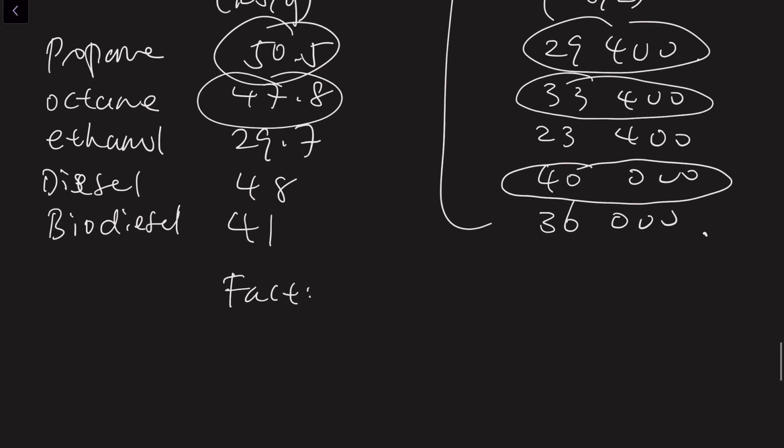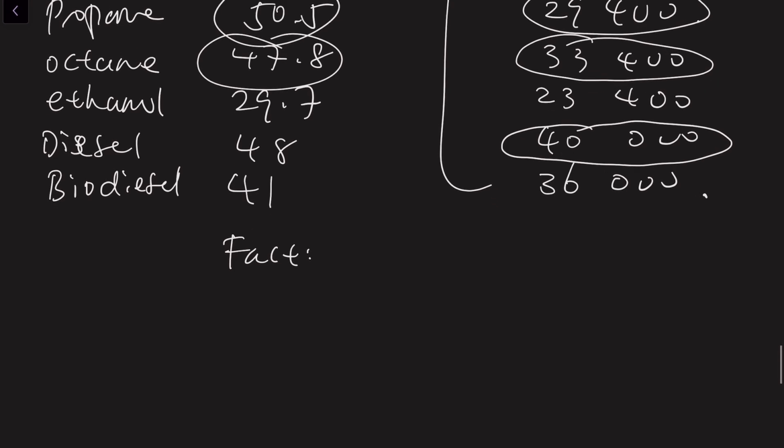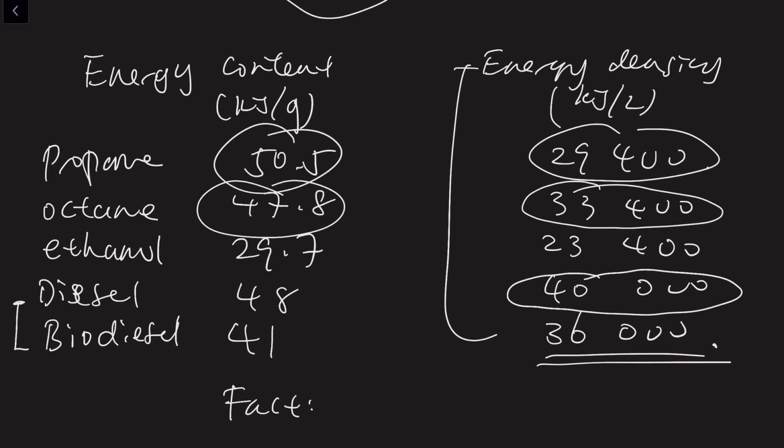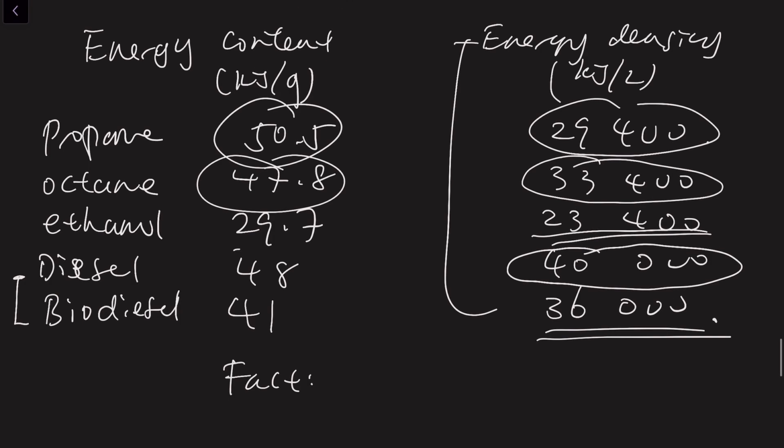Another interesting thing is we can look at diesel and biodiesel more closely. Biodiesel can produce less energy per liter than diesel, since, as we discussed before, it is partially oxidized. Similar story with ethanol, it is partially oxidized, so it produces less energy per gram and less energy per liter.